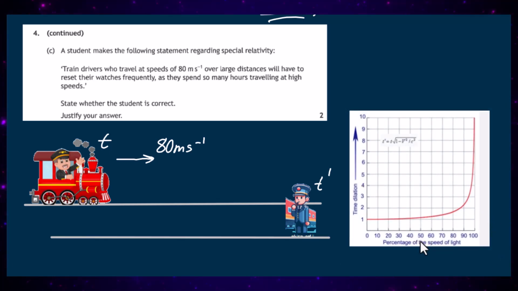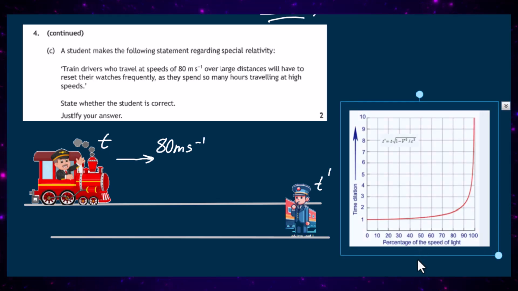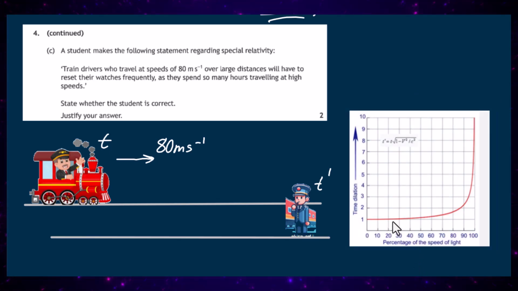You can see that for the relative speed between the train driver and the inspector, even up to about 30 or 35% of the speed of light, you're not going to get any noticeable effect on the time. It's only when you get to very high fractions or very high percentages of the speed of light that relativity effects will come into play.